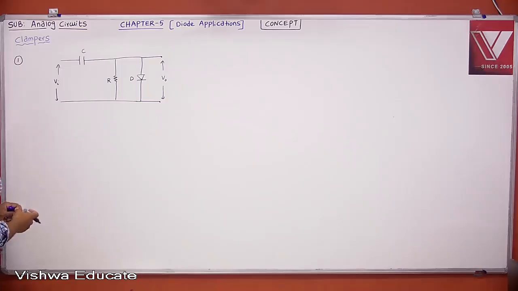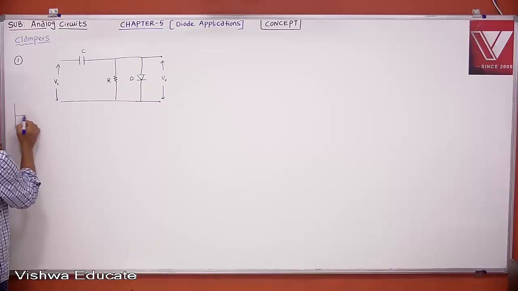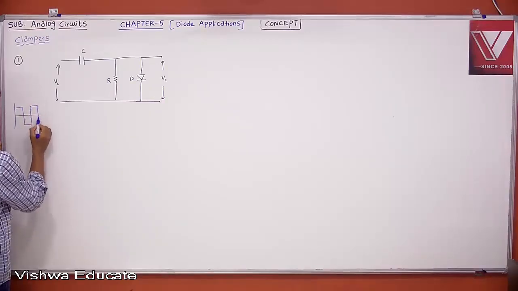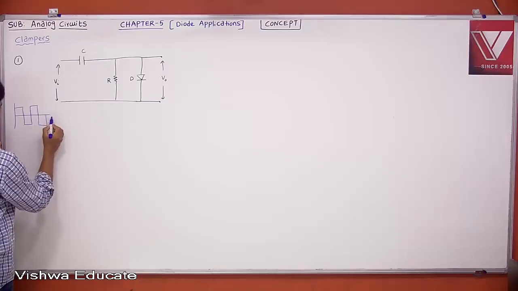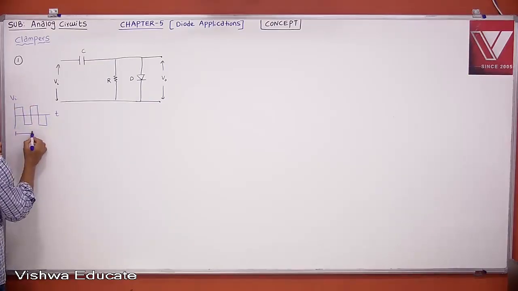Now let me apply a square wave. This is time t, this is your input voltage, and this is your time period T. This is t equal to 0.